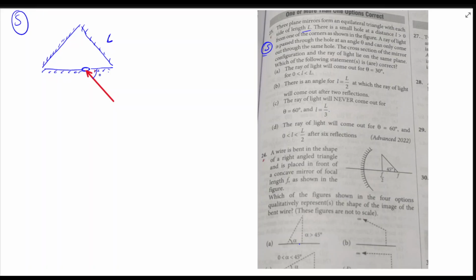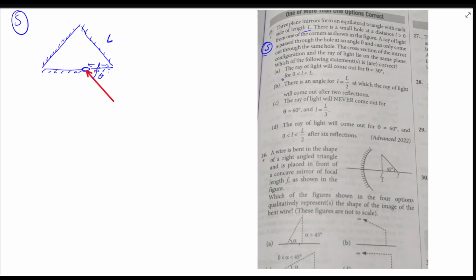This angle is theta and this is l. The ray can only come out through the same hole. So after reflections, there can be many reflections, and it should come out of this hole. The cross-section of the mirror configuration and the ray of light lie in the same plane.